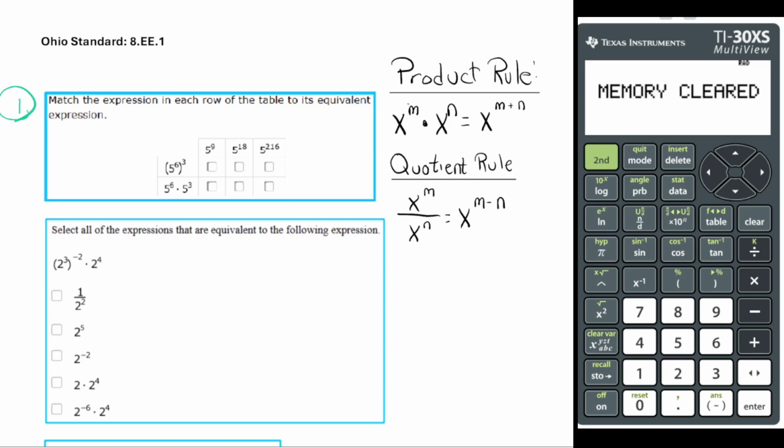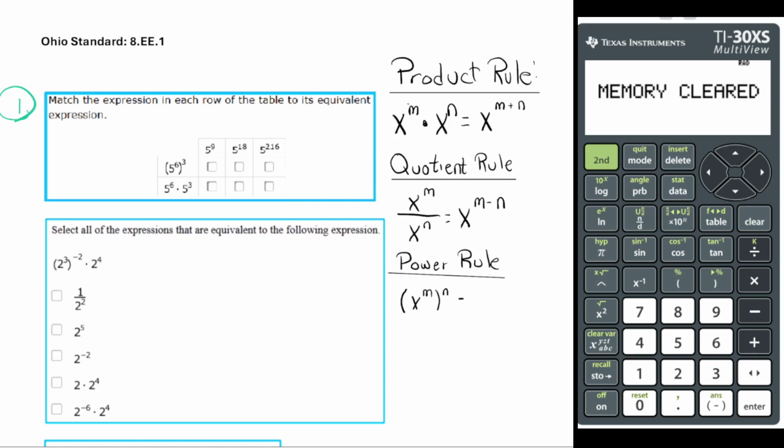We also have the power rule. Okay, power rule. That's when you have a base with a power being raised to another power. X to the m raised to the n.